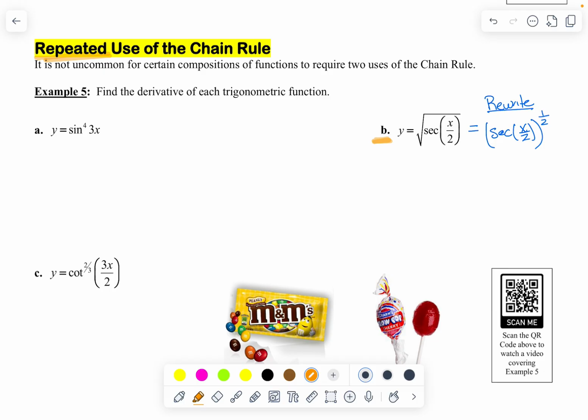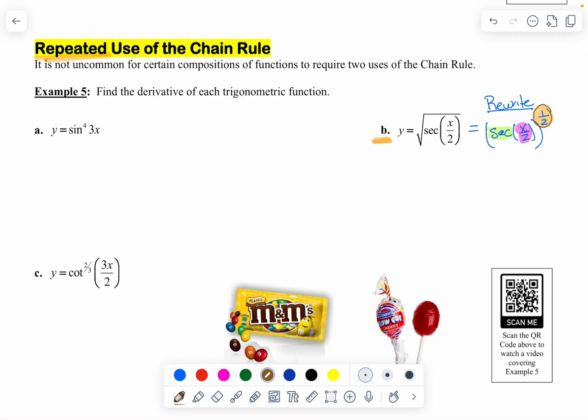Basically, first you have to take off the wrapper of the Blow Pop. So the outermost function is going to be this half. And then once you get rid of that half, the next part of the function is the secant. And then the last part is going to be this x over 2.